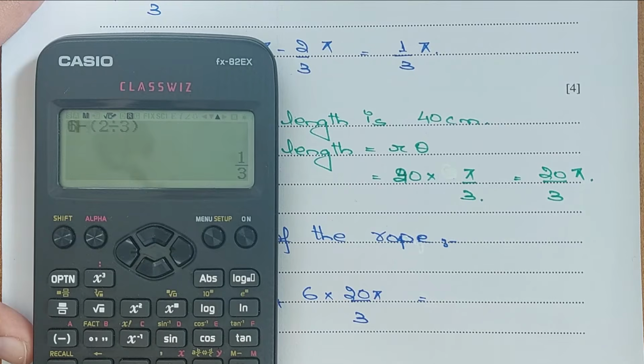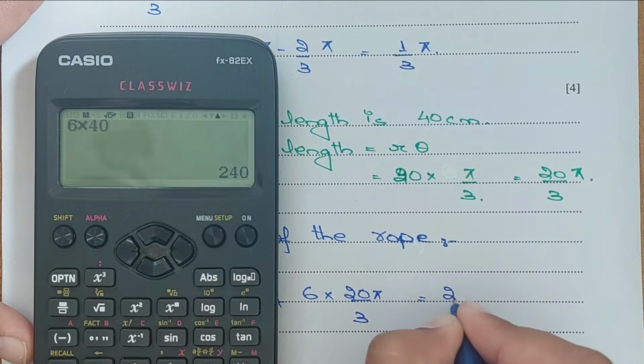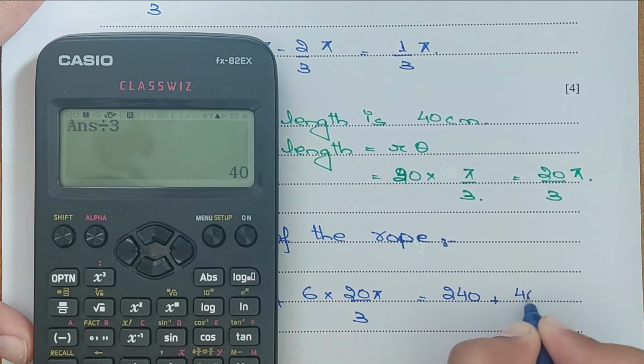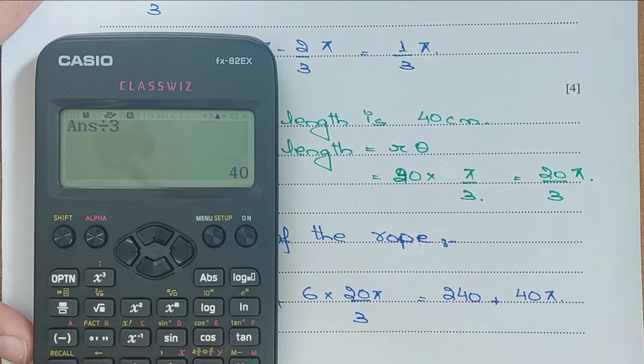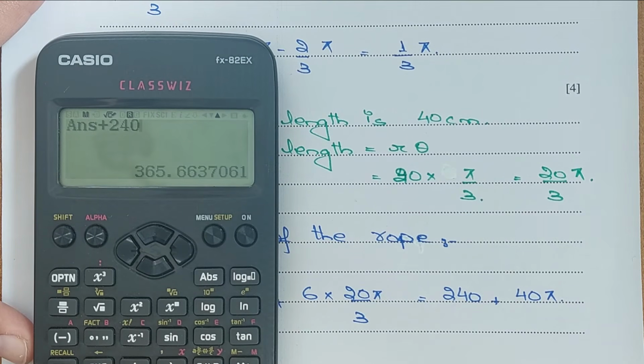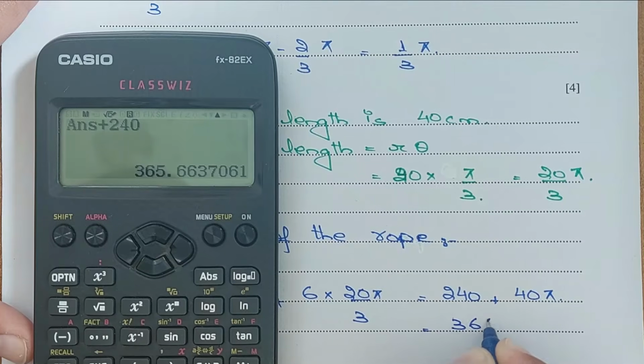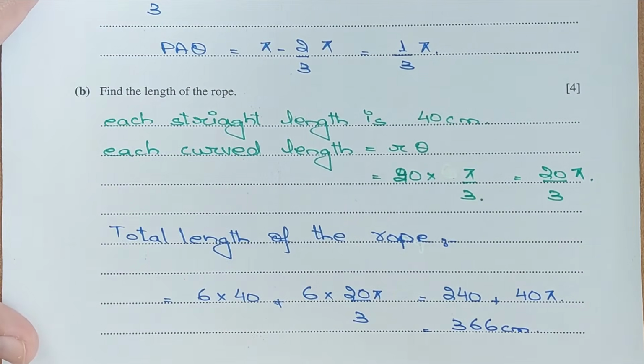Let me calculate. 6 times 40 is 240, plus 6 times 20 over 3, which is 40 pi, right? 40 times pi, okay, 40 pi plus 240 equals 365.6, or we can say 366 centimeters. This is the total length of the rope.